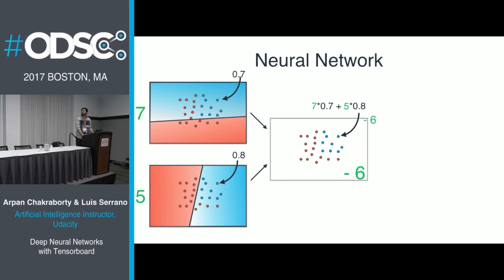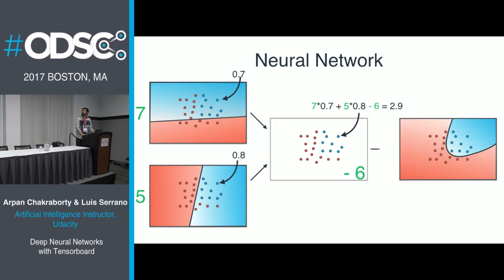So like pure linear combinations, the way you create a line, right? A linear combination of two variables to get a third. This is how you create regions, a linear combination of two regions to create a third one. So if we get 7 times 0.7 plus 5 times 0.8 minus 6, that's 2.9. We apply our sigmoid function and get 0.95.